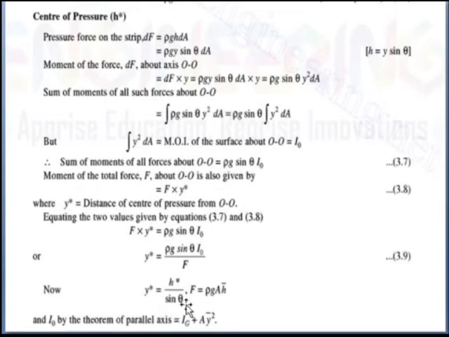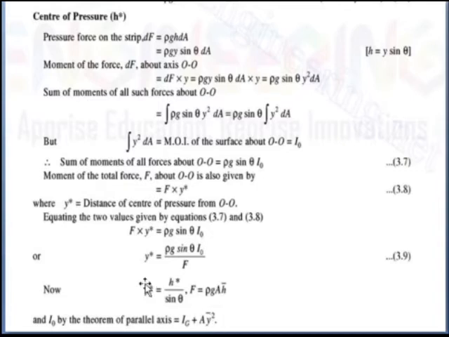Also we already know that the total pressure, capital F, is equal to rho g A h bar. And we also know the value of I naught: by the theorem of parallel axis, I naught is equal to I G plus A y bar square.